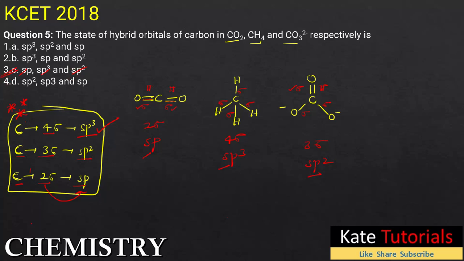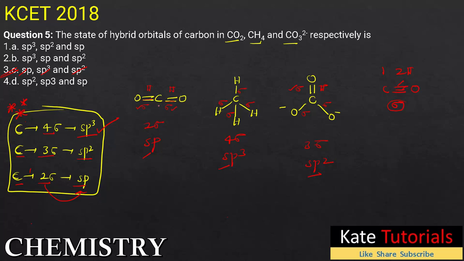So before going further, I have to tell you something. In a molecule, it can be carbon or any atom. For example, in carbon monoxide there are 3 bonds, only 1 sigma bond will be there, the other 2 will be pi bonds, so 2 pi bonds. So in any molecule, any atom will have only 1 sigma bond between two atoms.